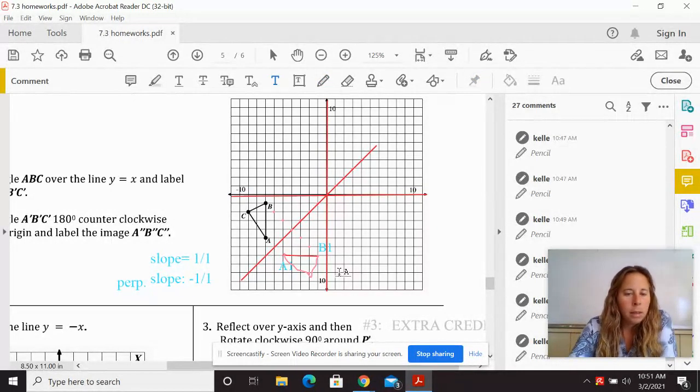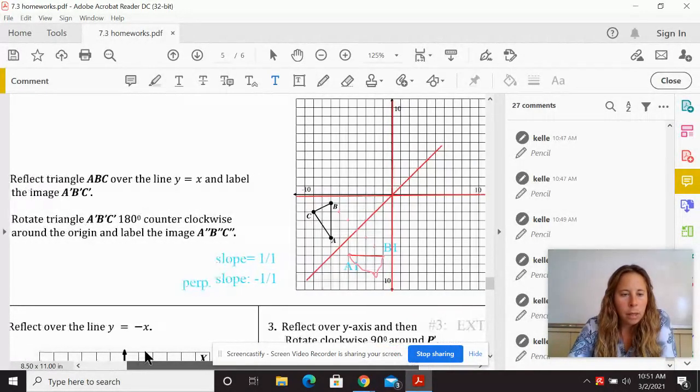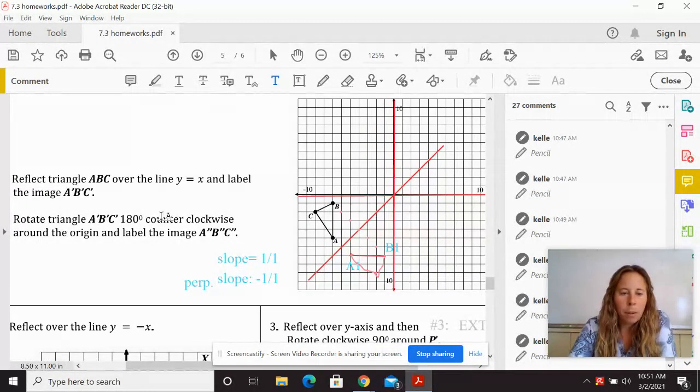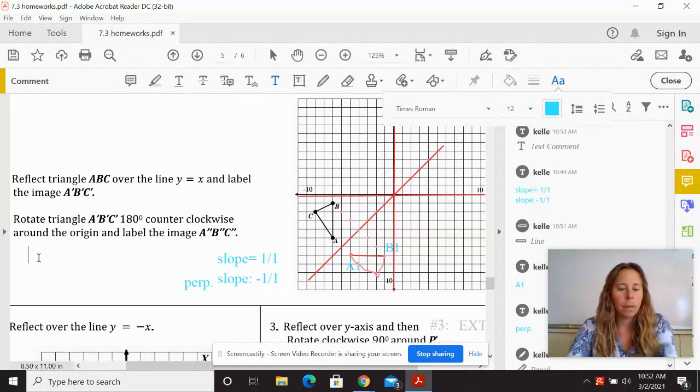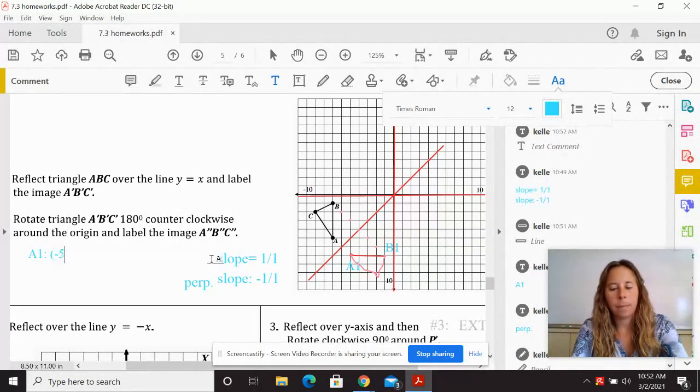And then you would, oh, hold on. Rotate 180 degrees counterclockwise. Okay, it doesn't really matter which way you're going if it's 180 degrees around the origin. So what that means is all your points are just going to become the opposite. So A1 is, I don't know, -5, -7.